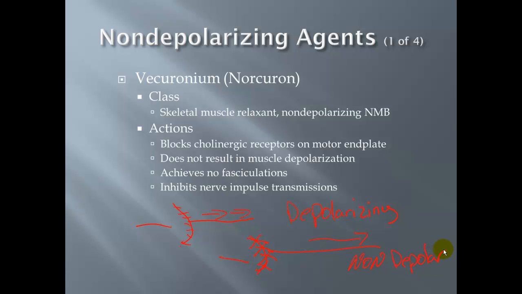So Vecuronium or Norcuron, class skeletal muscle relaxant, non-depolarizing neuromuscular blocking agent. Action: blocks cholinergic receptors on the motor end plate, does not result in muscle depolarization, achieves no fasciculations, inhibits nerve impulse transmissions.